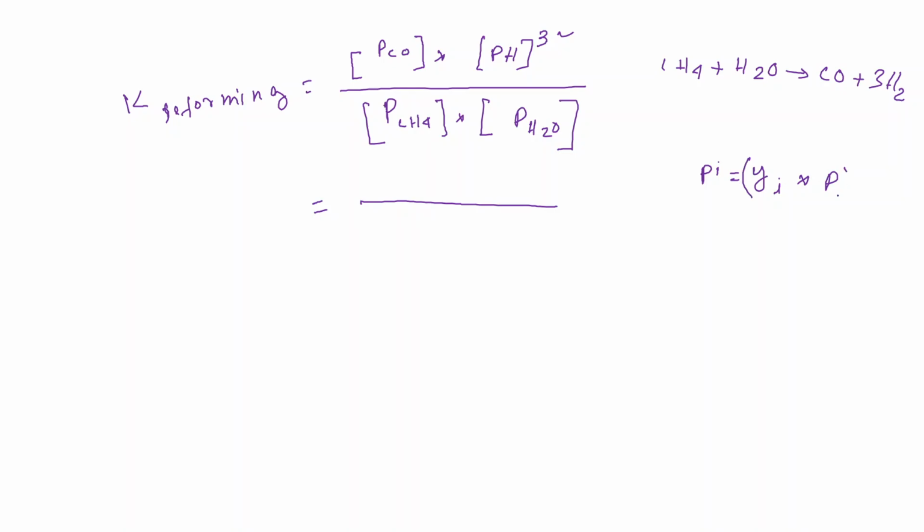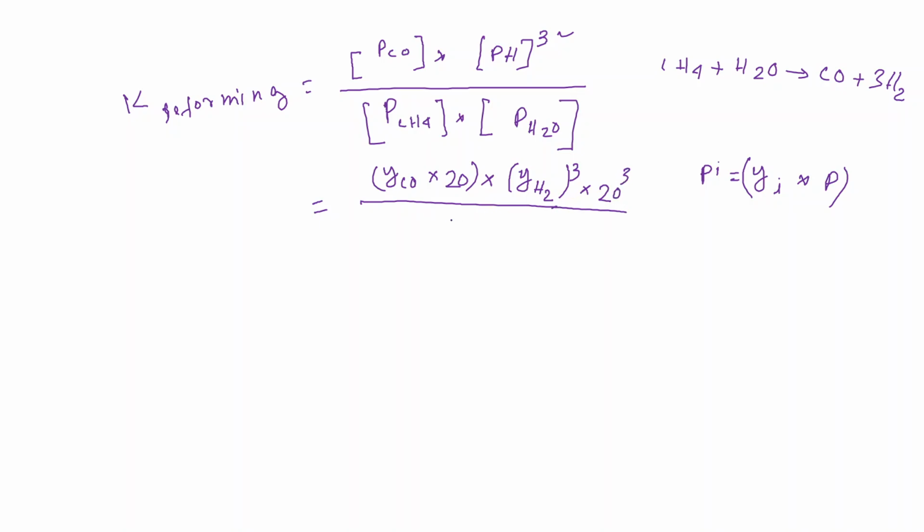So you put the mole fraction of CO multiplied by the total pressure, which in the question is given as 20, and the mole fraction of hydrogen H2 multiplied by 20, to the power 3.